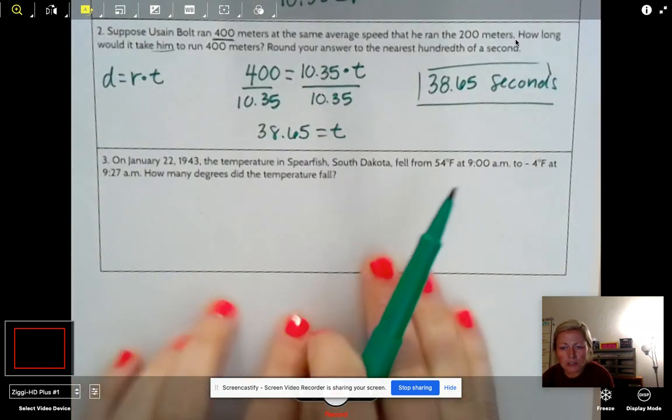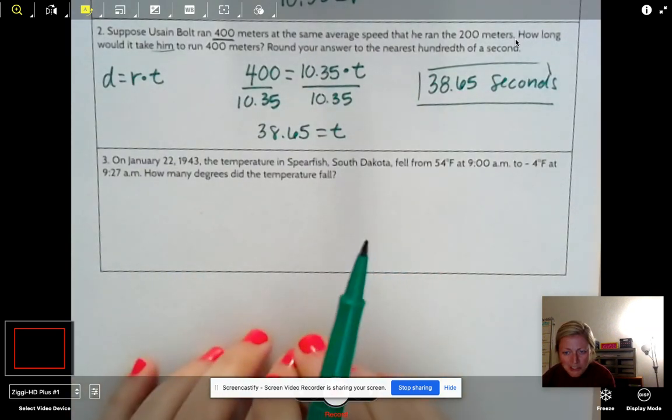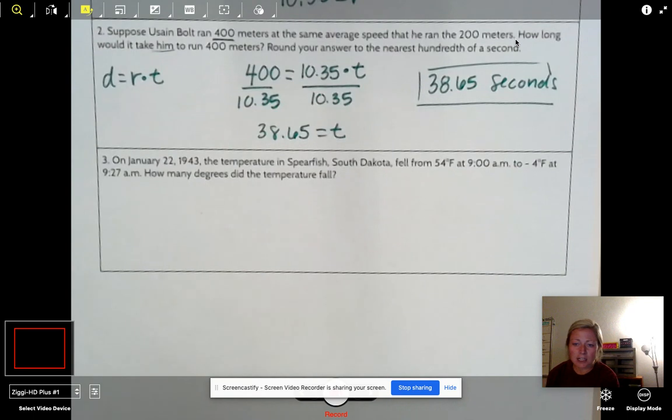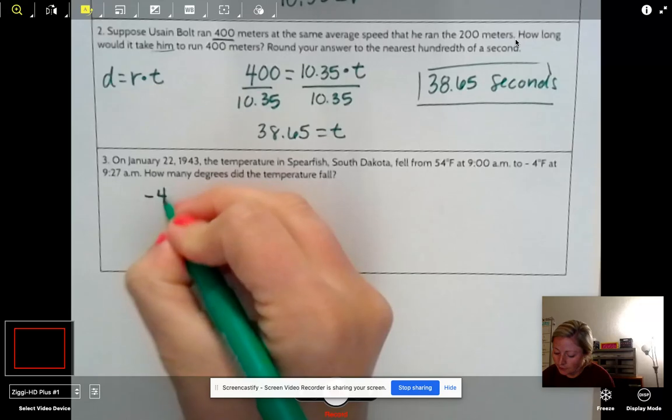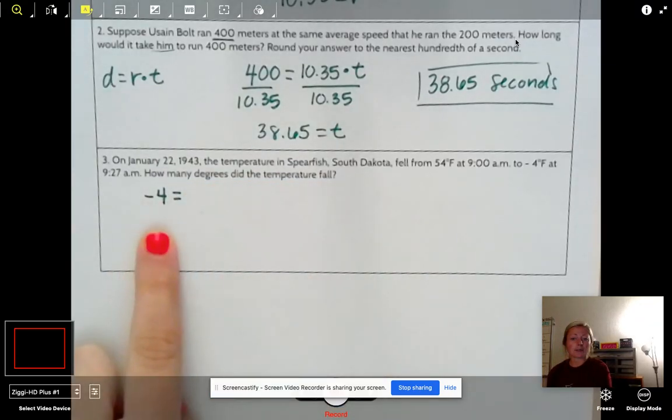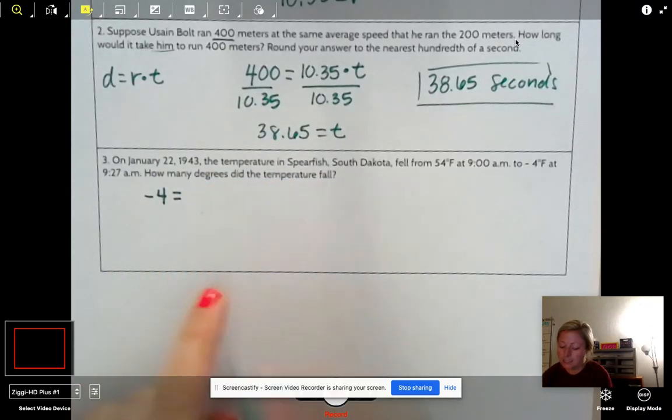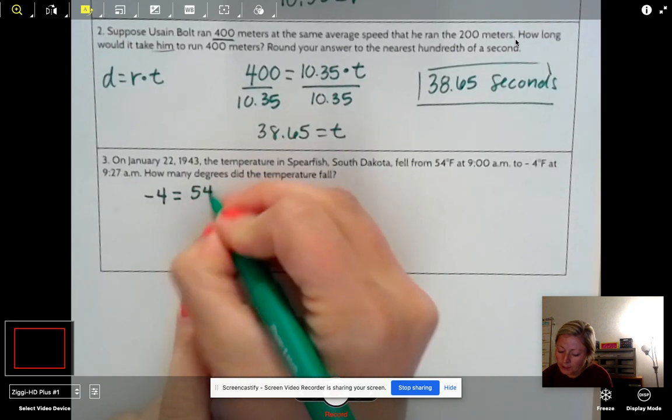This problem's almost too simple to come up with an equation sometimes. That happens to us. It's hard to explain it when it's so easy. This is how I would do it. My end goal is to get to -4 degrees, so I know it's going to equal -4. I started at 54 degrees.